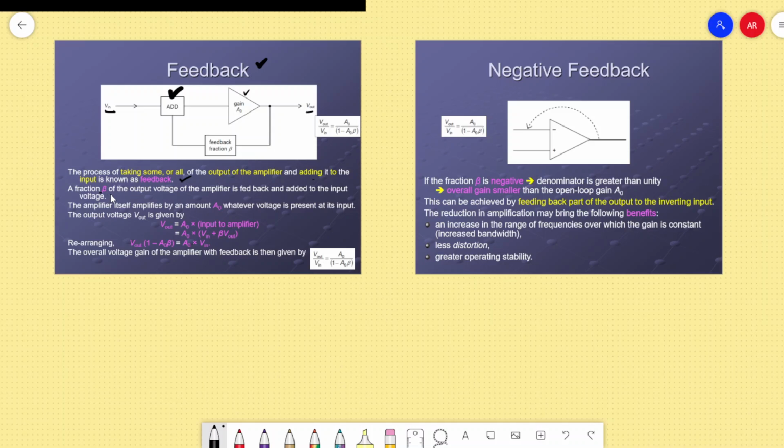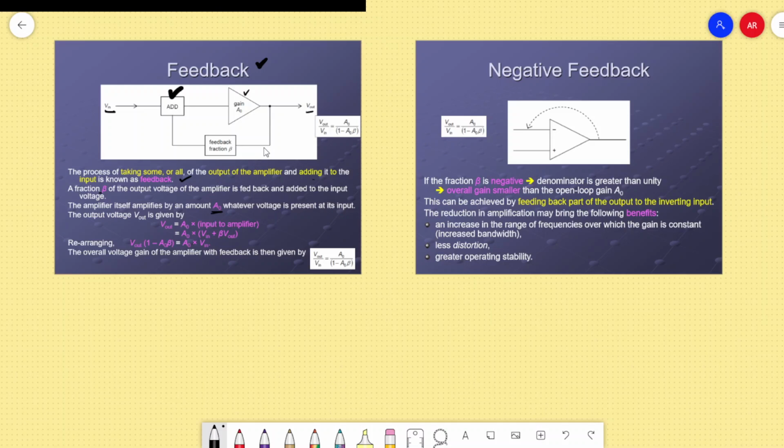So beta can be maximum 1. 1 means it is as much as the voltage output, or it could be any fraction of that. So a fraction beta, which is a part of the voltage output, is fed back and added to the input voltage. The amplifier itself amplifies by an amount A naught whatever voltage is present at its input.